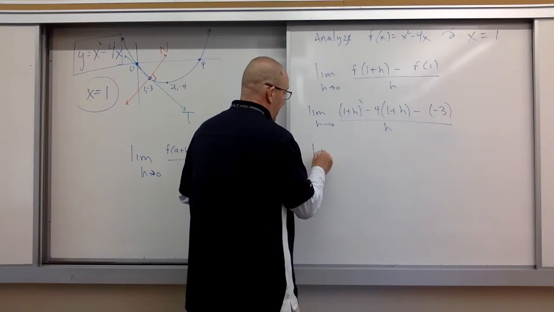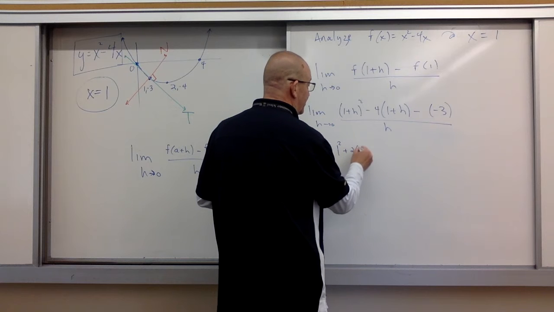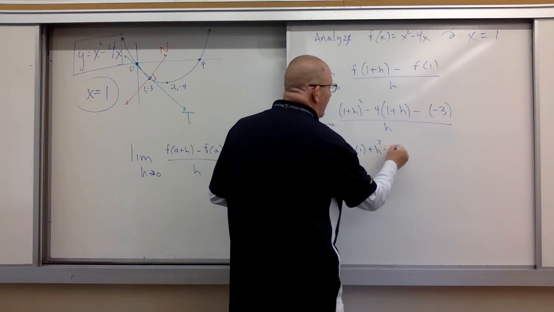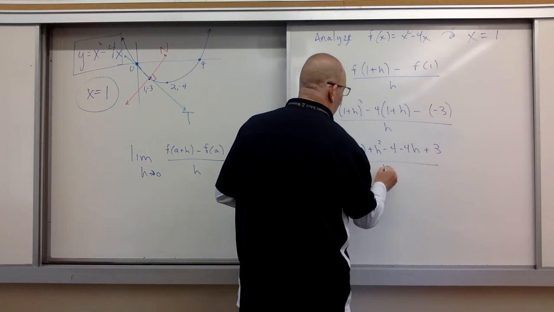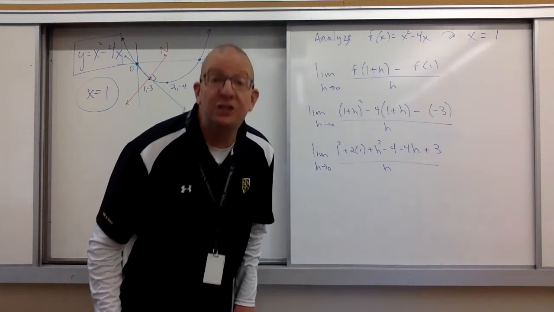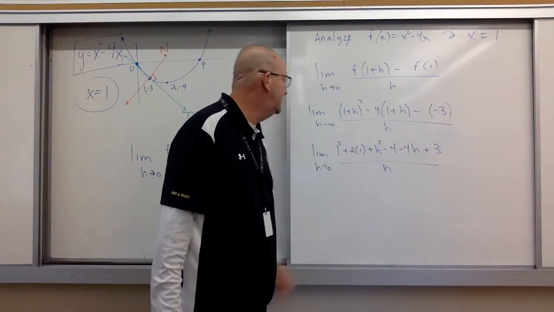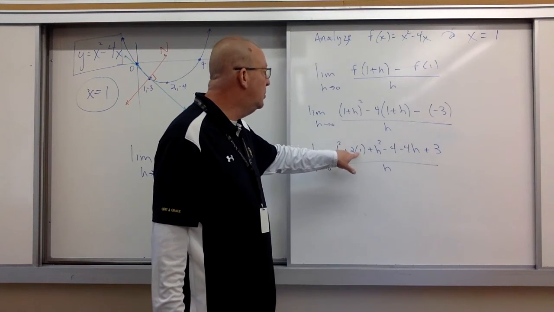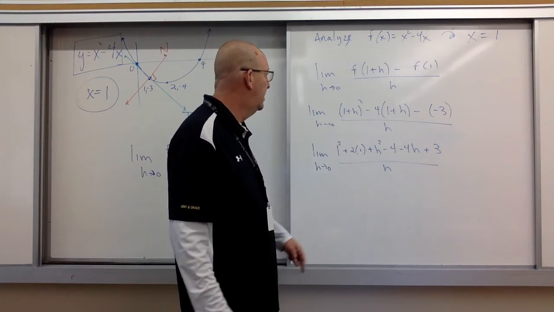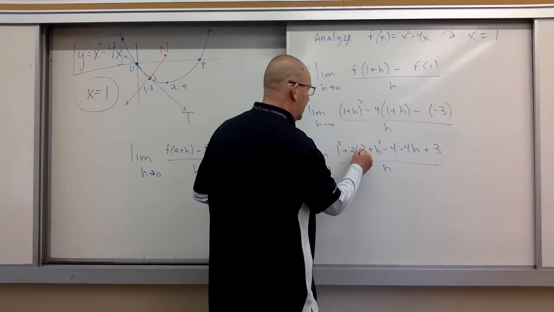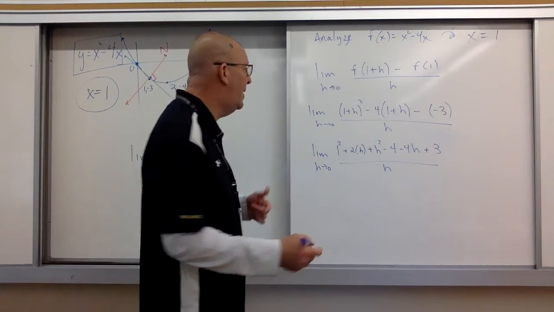The limit as h approaches 0, 1 squared minus 2 times 1 plus h squared minus 4h plus 3 all over h. Can you simplify that? Yes, you can. 1 minus 4 is negative 3 plus 3 is 0. 2 minus 4 is negative 2. That's going to be a 2h here, I believe. That's right, 2h. Minus 4h is negative 2h, and then h squared.